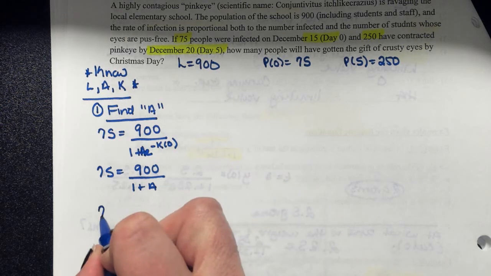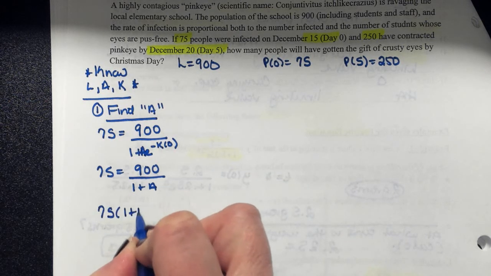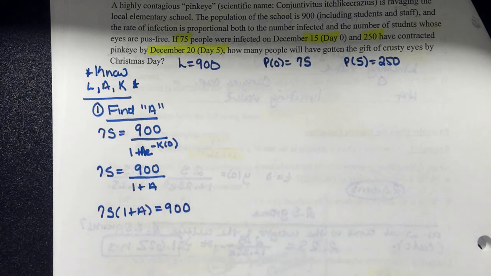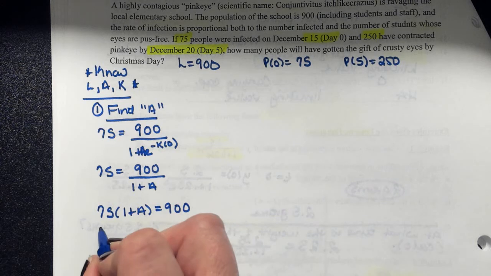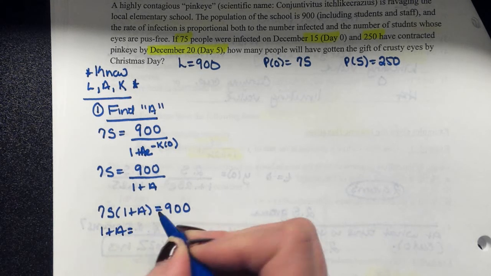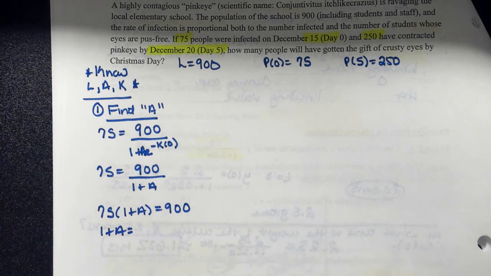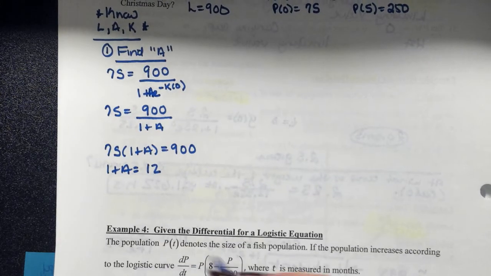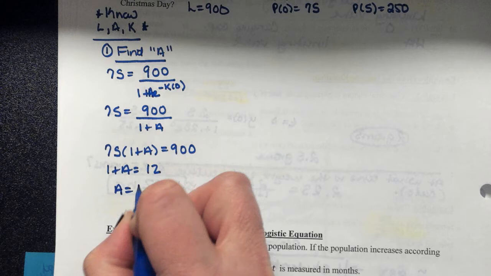Multiply by 1 plus A, so I have 75 times 1 plus A is equal to 900. Divide by 75, so 1 plus A, when I take 900 and divide it by 75, what's that going to give me? 12. So what's A going to be equal to? A will be equal to 11.